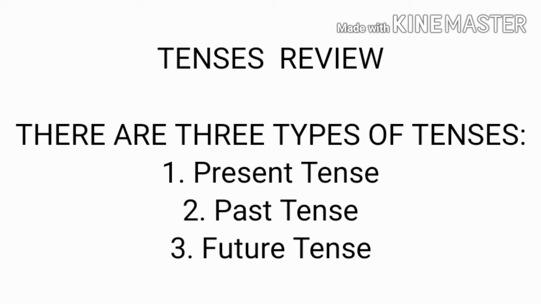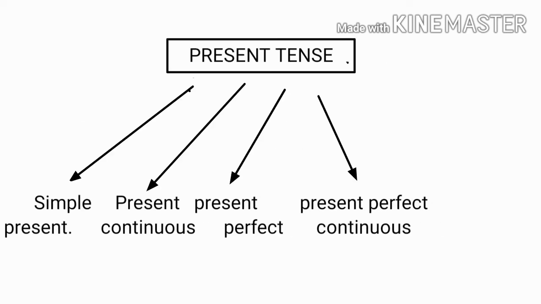Depending on the time of action, it is categorized into three types: present tense, past tense, and future tense. The first one is the present tense. Coming to the time of action in the present time, it is divided into four types: simple present tense, present continuous tense, present perfect tense, and present perfect continuous tense.